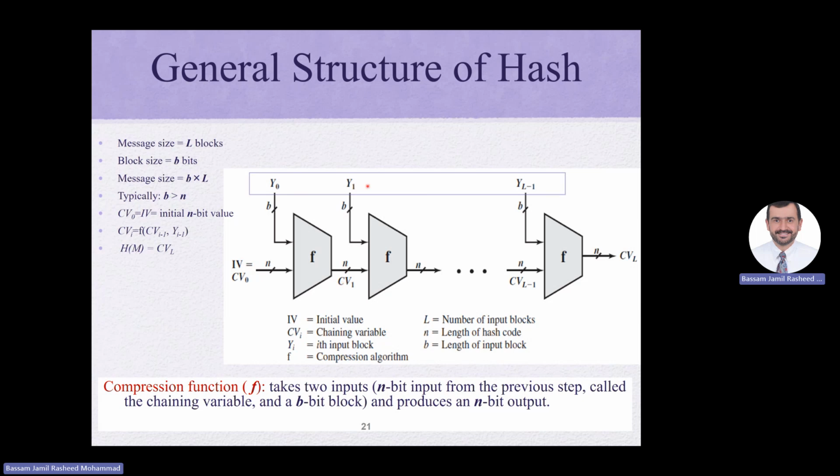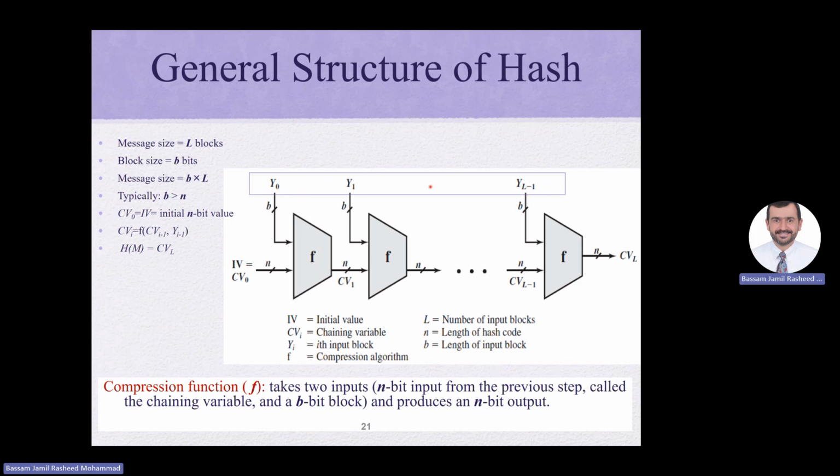Then we do the same thing with the next block, which has b bits, for example 1024 bits, together with the output of the previous stage, 512 bits, crunch them in this hash function, and so on and so forth until I process all the blocks.